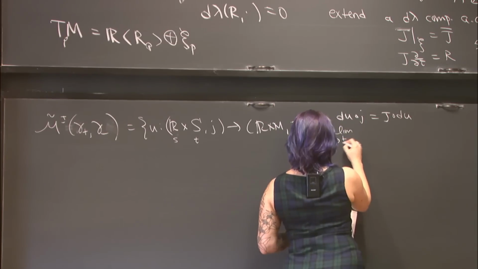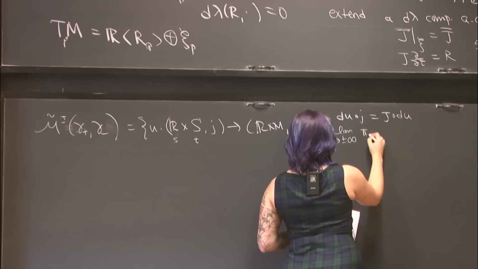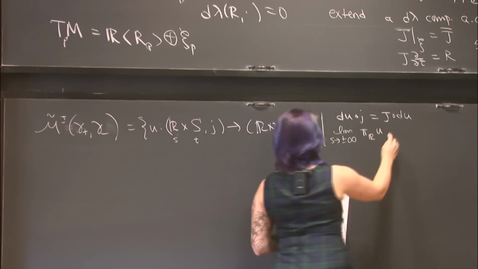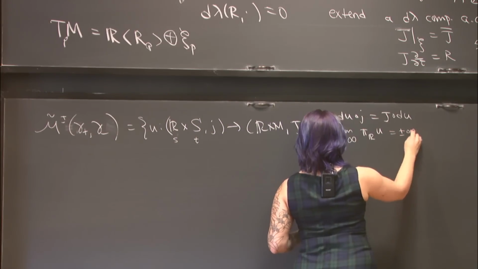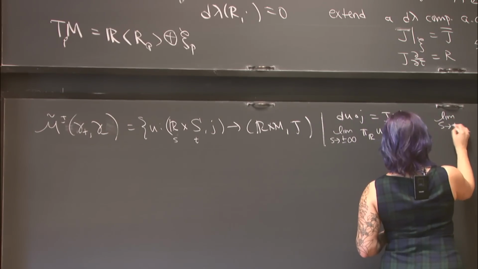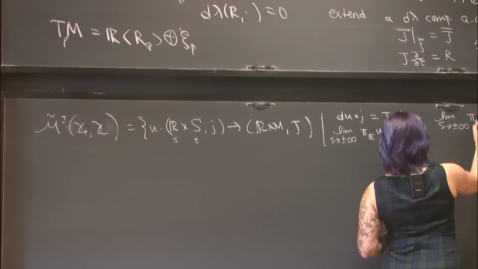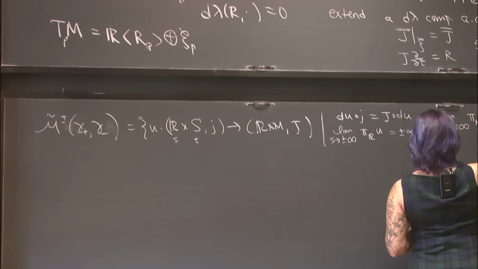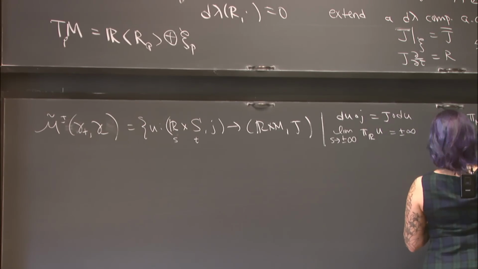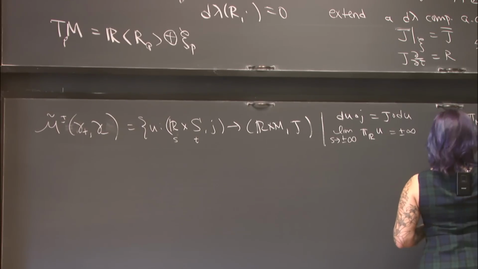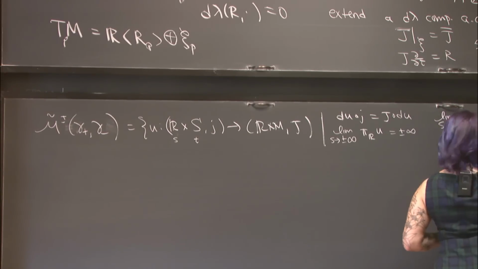So the limit as s goes to plus or minus infinity of the projection of my curve to the R component of my symplectization needs to go to plus or minus infinity respectively. And then if I look at the limit as s goes to plus or minus infinity of the projection to the contact manifold of u, this is a parametrization of gamma plus or gamma minus.